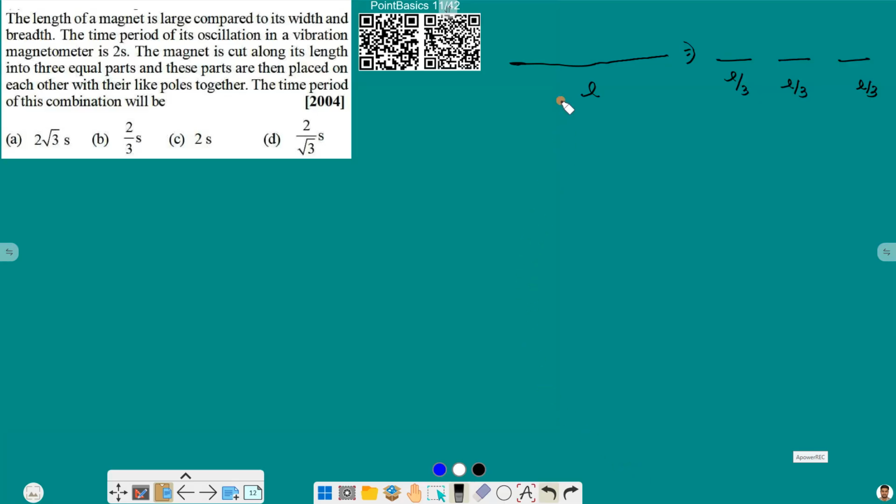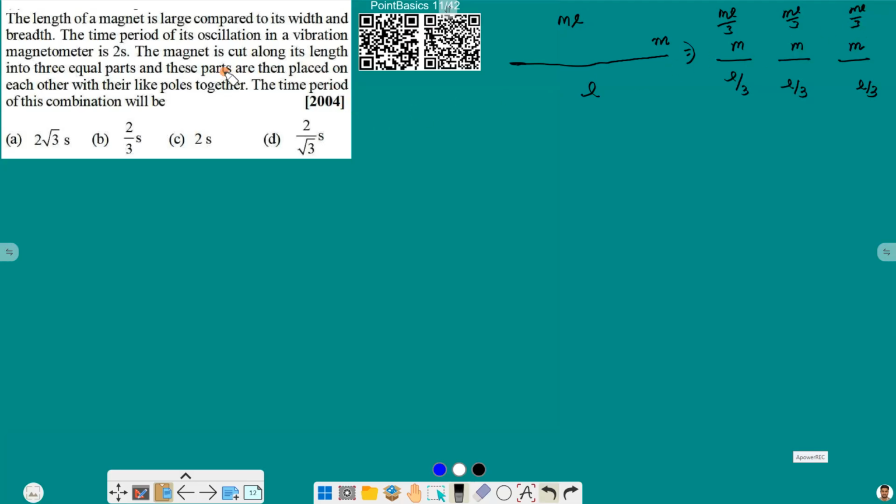Assume the pole strength of this magnet before breaking was M. When we break the magnet, pole strength does not change, so pole strength stays M for each piece. The total dipole moment of the original magnet was M times L. For these small pieces, we have ML by 3, ML by 3, and ML by 3.